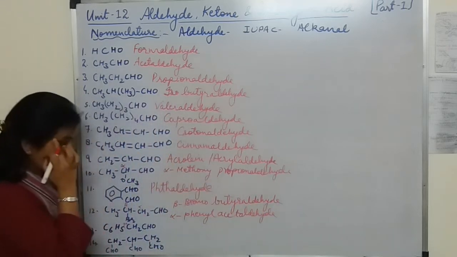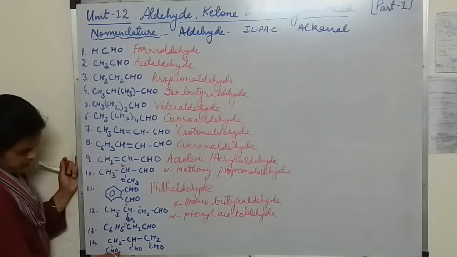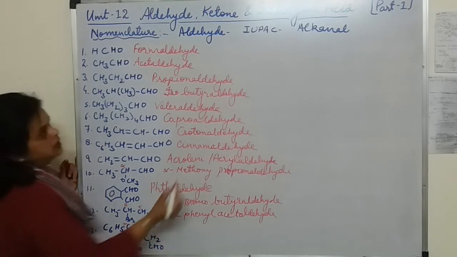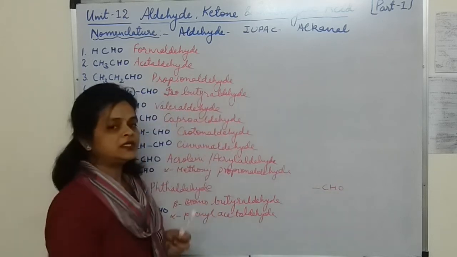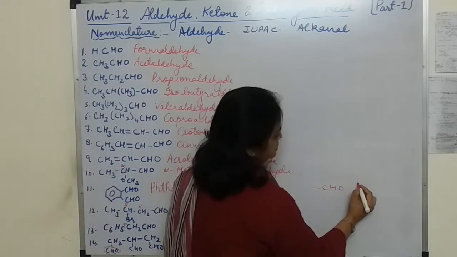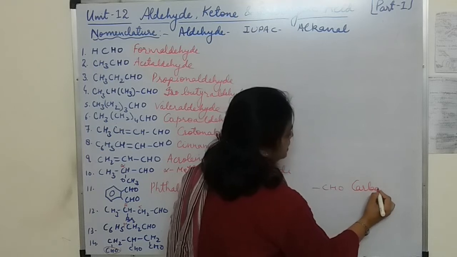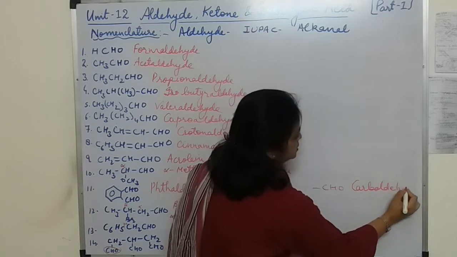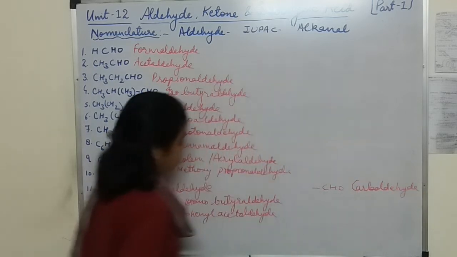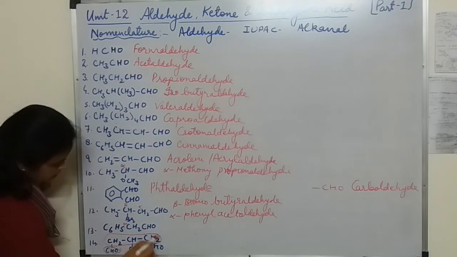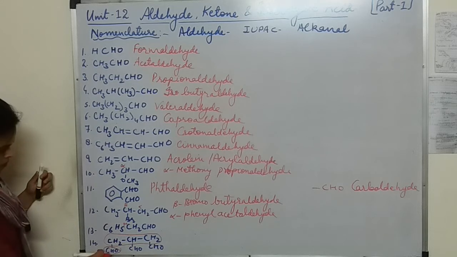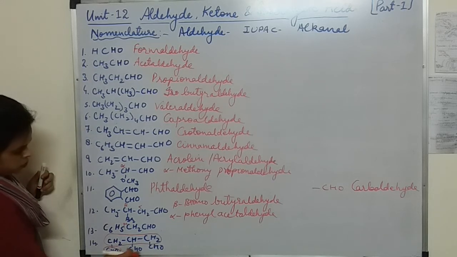Okay, and here students, whenever we are having the CHO group attached to a ring, it is called carbaldehyde. Note it down, carbaldehyde. Okay, now we will write down the name of this compound. A chain of 3 carbons, so 1, 2 and 3.